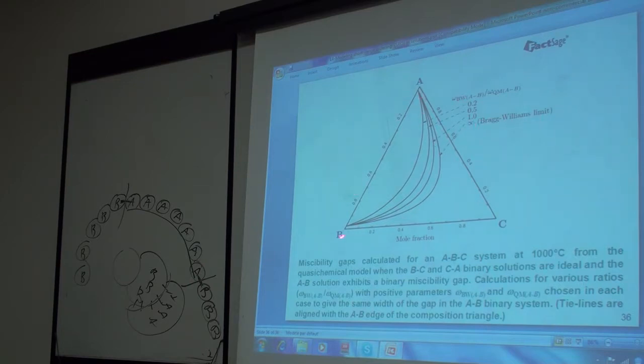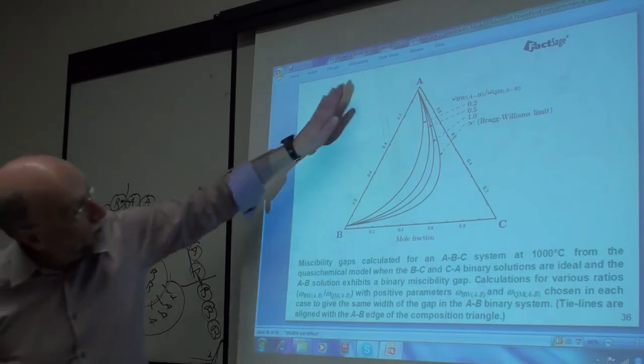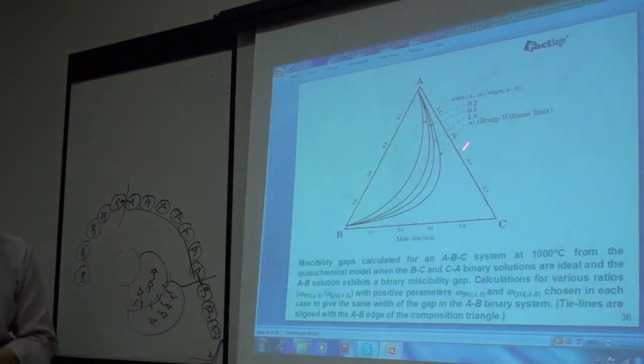It also gives you the biggest projection out into the ternary system. Okay, generally overdoing, well, almost always overdoing it. If you just use a Bragg-Williams, not only do you get too high a miscibility gap in temperature in the binary system, but then when you do the ternary system, it goes too far. The gap doesn't come down fast enough. Okay, and if you go down towards the quasi-chemical model, the gap becomes smaller as you go in.